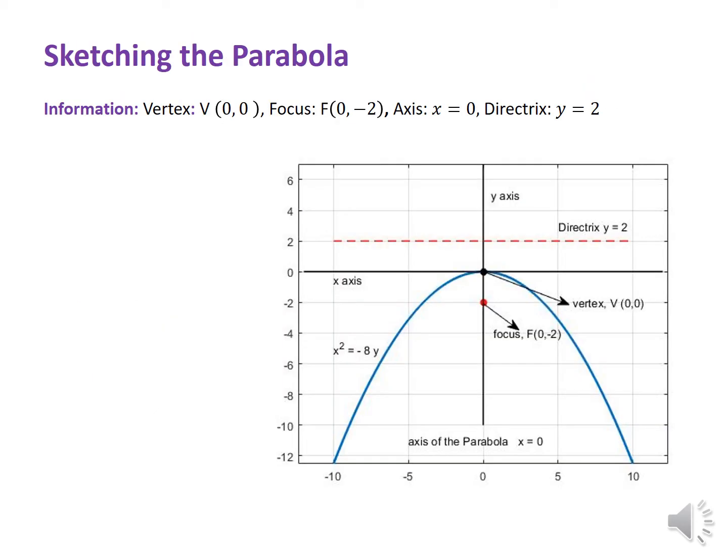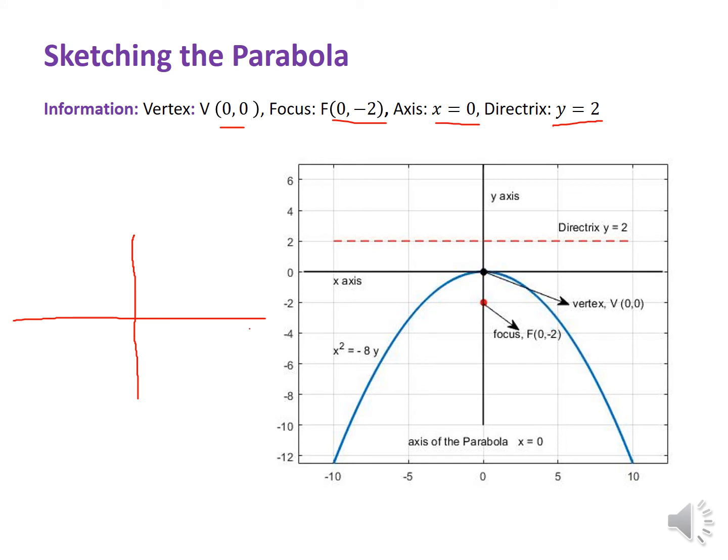Now this is the sketch of the previous parabola, x square is equal to negative 8y. So we have the information: vertex, focus, axis and directrix. If we want to draw it, first the y axis and then the x axis.